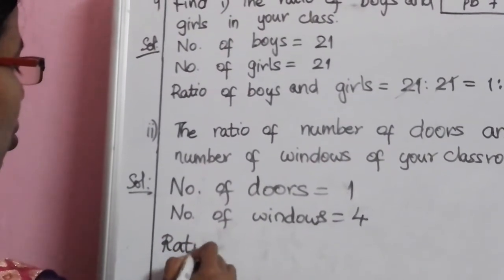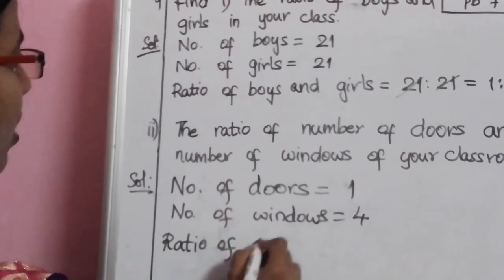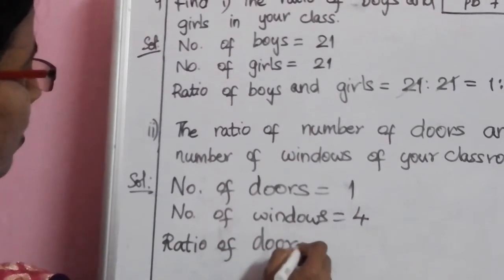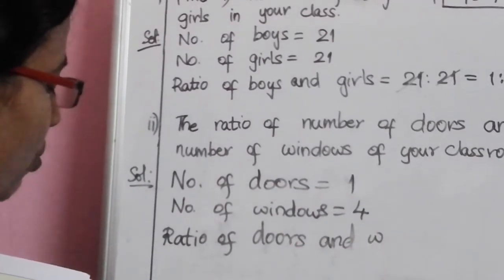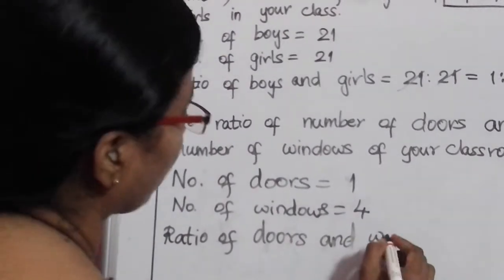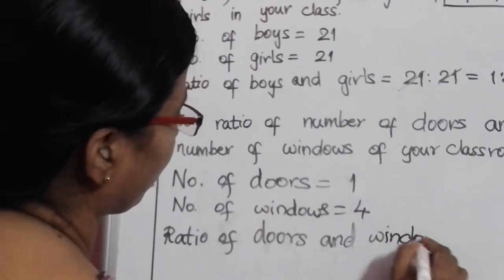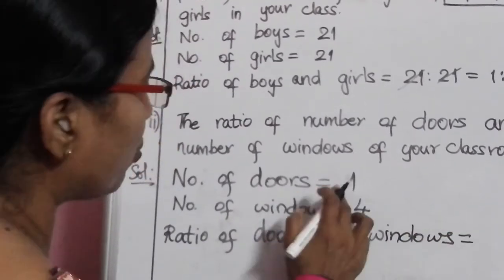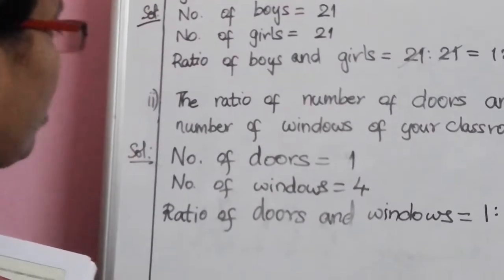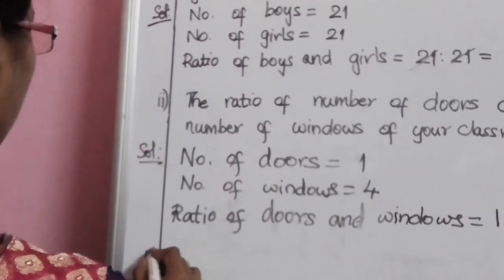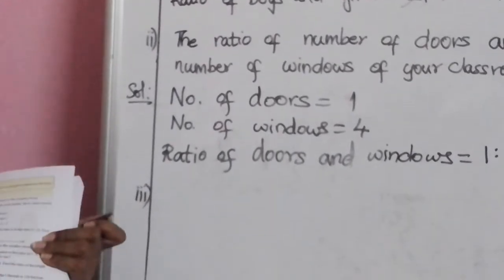Now, write the ratio of doors and windows. Doors is 1 is to 4. You can't simplify this, so we are going to leave the ratio as it is.